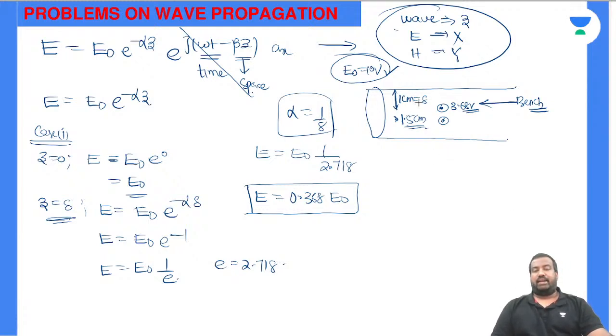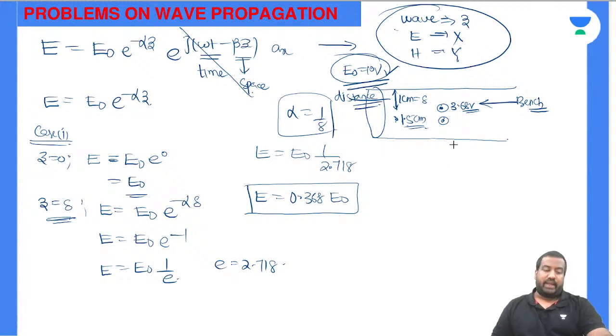We can understand the change of amplitude of the signal with the distance. What is penetration depth giving you? Penetration depth will tell you the change of amplitude of the signal with respect to distance.